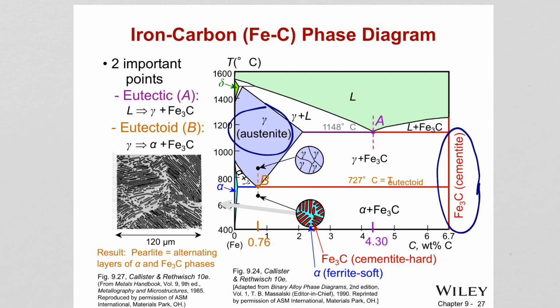This structure of alpha plus cementite is called pearlite. So together they have a name. Pearlite looks like this because it is similar to a eutectic structure, right? Alternating layers of alpha and cementite.